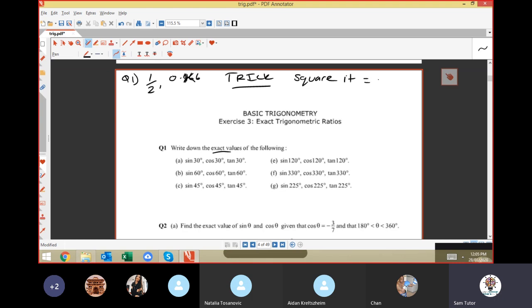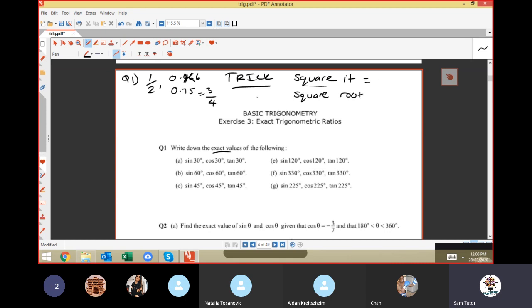Now you square it. Becomes 0.75. Right? Then we press the SD button to get it as a fraction. So that becomes 3/4. Now, you're not allowed to just square it, right? That's something I've made up. So what you have to do is square root it again. But if you square root it, you're just going to end up with the same answer again, 0.866.